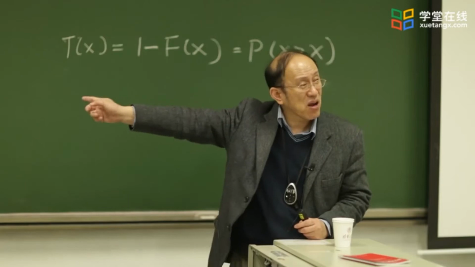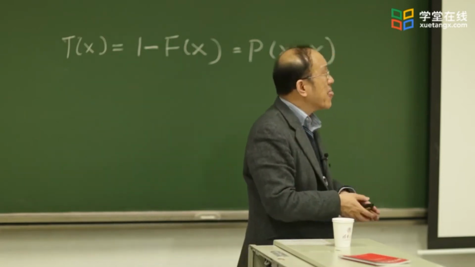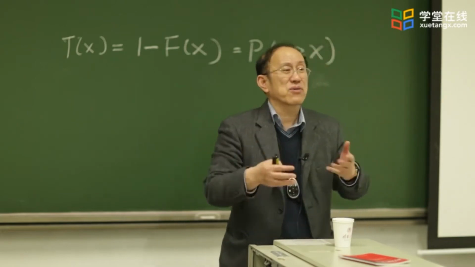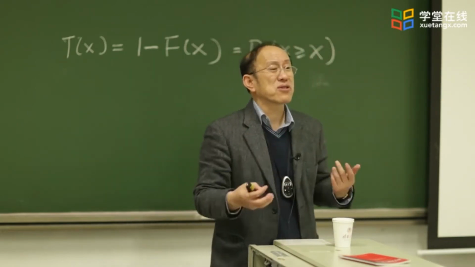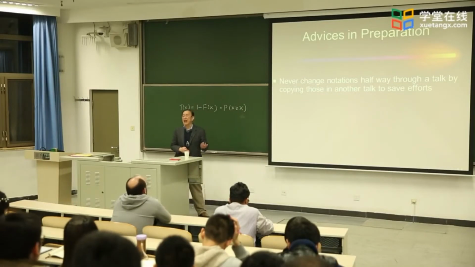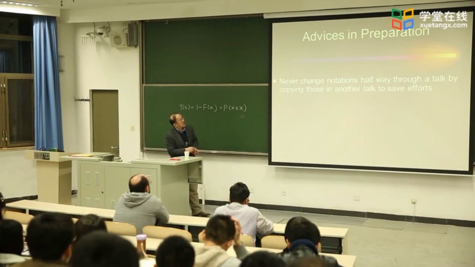It's fine in that talk, but then you copy to here, then you mix up with the rectangle in the previous slides. Now you're using a circle. I mean, you just confuse the audience, okay? Don't do that, okay? Don't change the notation halfway.